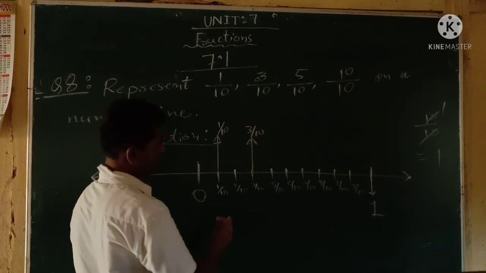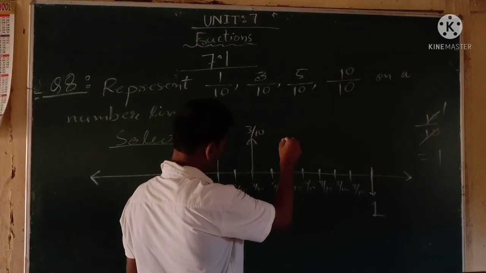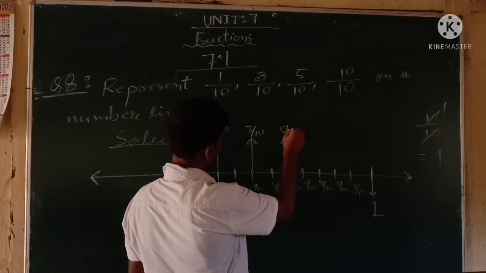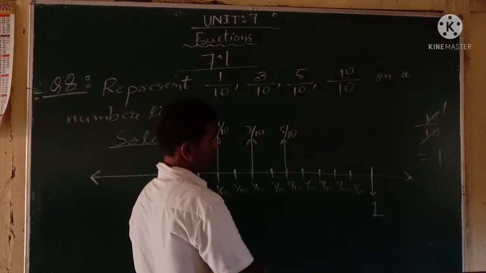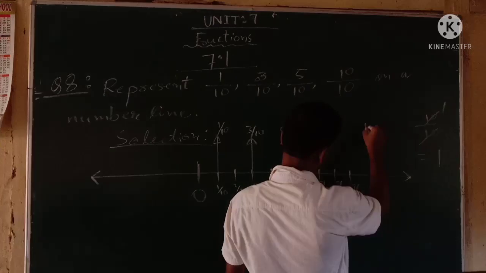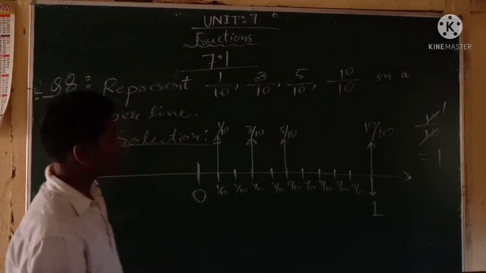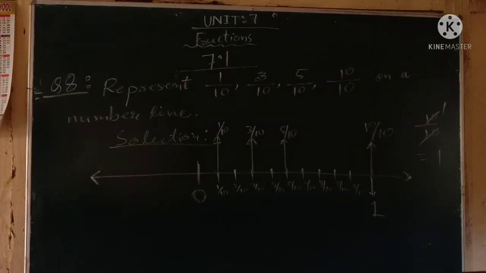Next, 5 by 10. This is 1, 2, 3, 4, 5, so this is 5 by 10. It's a very simple question. Then 10 by 10. 1 is called 10 by 10. That's all. This is the solution of question number 8.